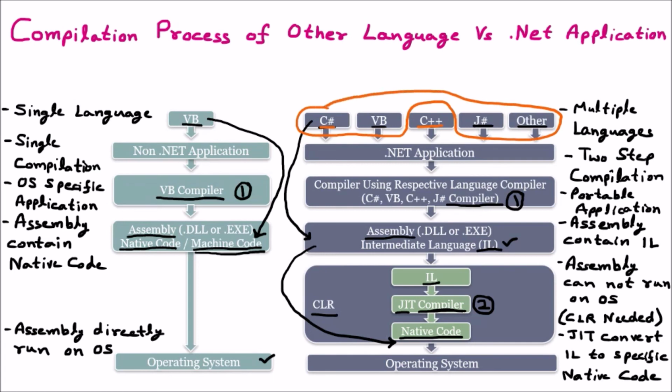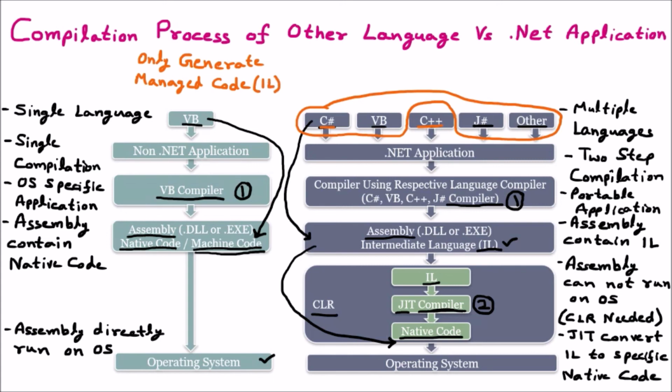These languages work on managed code, or we can say that these languages only generate managed code. What is that managed code? The IL that we are learning, that is the managed code.